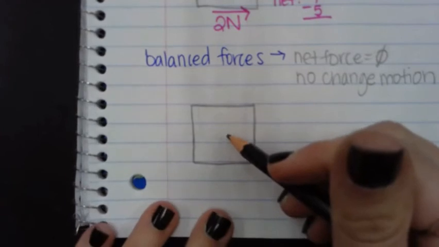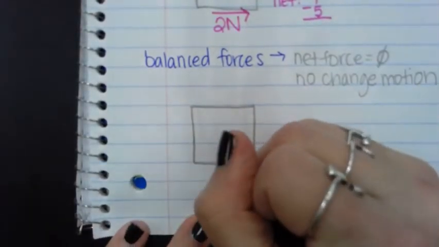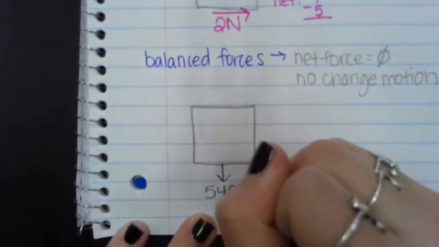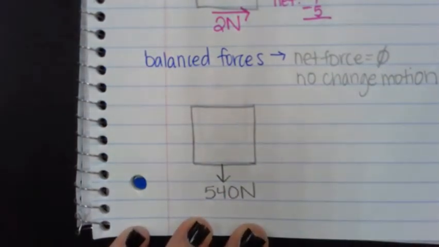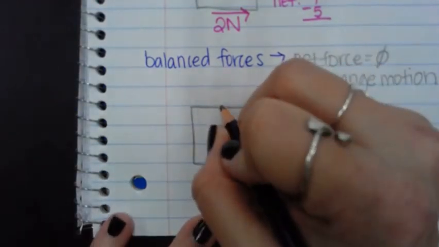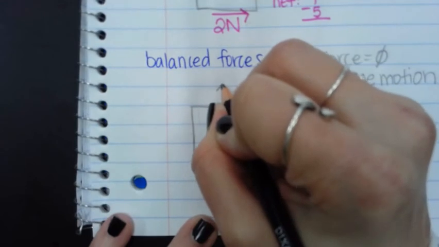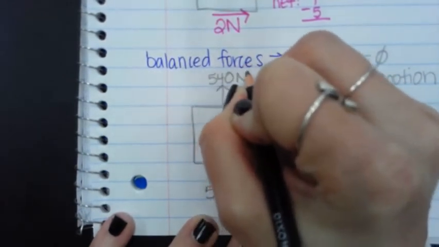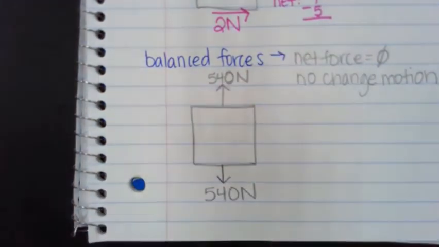For example, if my box is just sitting on the ground, its weight is going to pull down. Gravity is pulling down on that object, and that's a force. So we get the force of gravity acting down. Well, the tiles that this box is sitting on are preventing it from crashing to the center of Earth. So the tiles are pushing back with a force of 540.